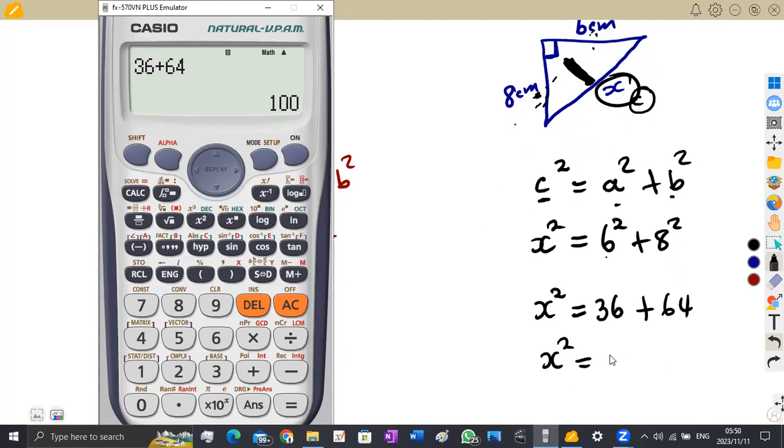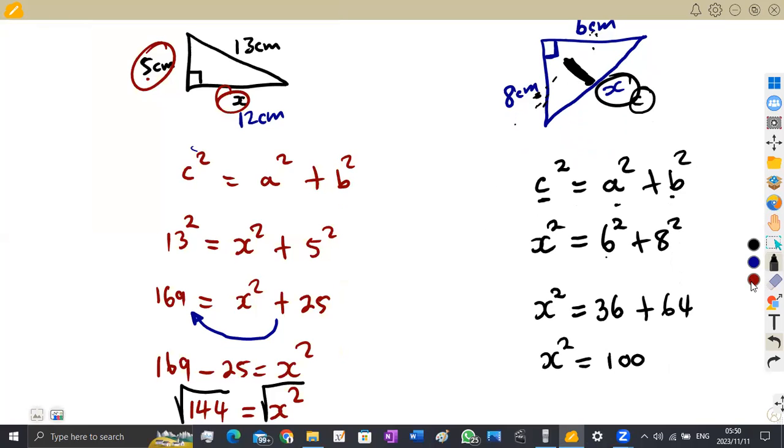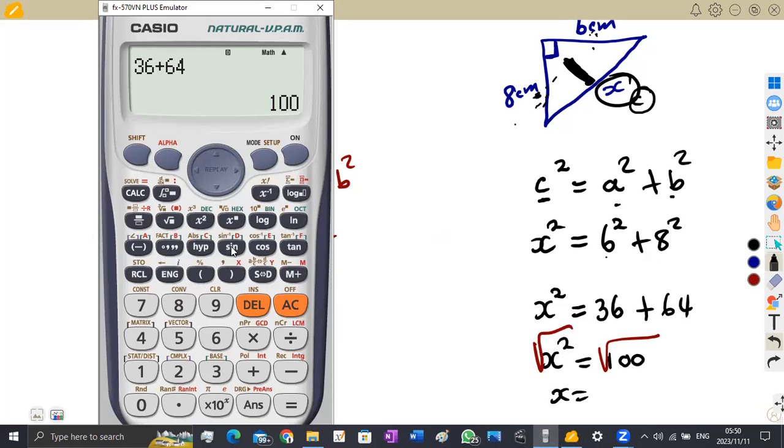Which is going to be 100. Then in order for you to determine the X, you introduce the square root. But like I said, we are referring to X, which is a side on a shape. You're going to take these values as positive. So there's no need for us to write the plus or minus this time, but that one was just for introduction. So we're going to have the square root of the answer, which is 10 in this case, all right?